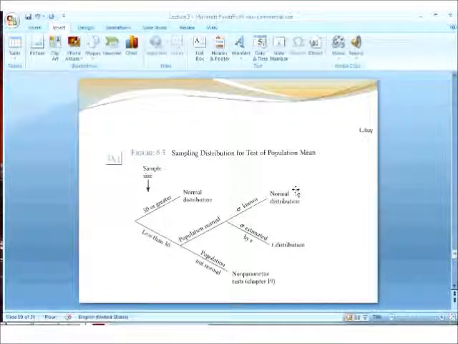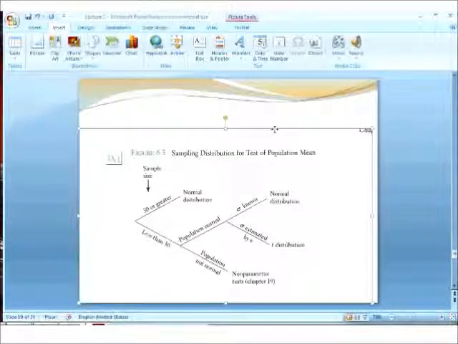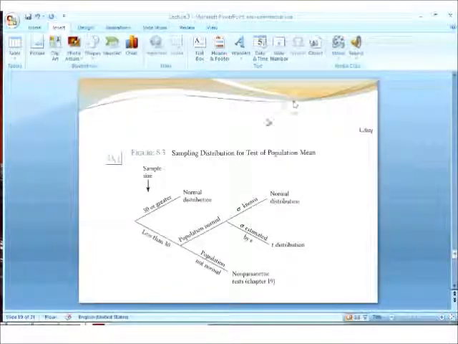However, if the sample size is greater than 30, say 40, 50, 60, and you plot the t-distribution, it approximately follows the normal distribution, so you don't need a separate z-test. You conduct a t-test for the large sample as well. And we'll do some different types of t-tests using SPSS, and then you'll see how we conduct those tests using software.